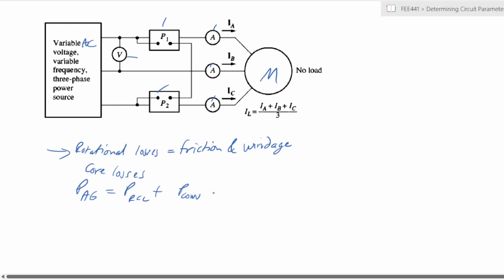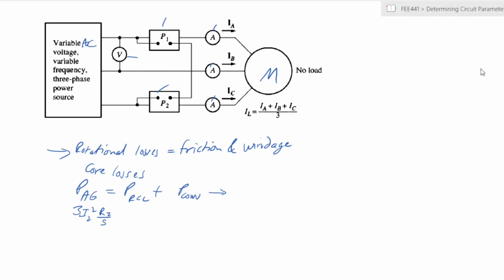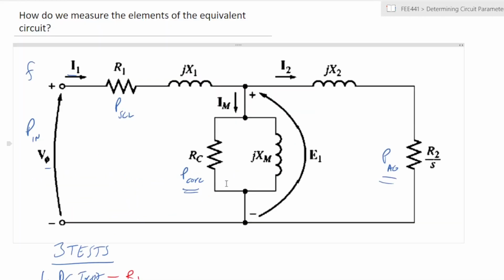If we represent these electrically, you can say that the air gap power is given by stator current squared times R2 over S. It is represented, as we had seen, by this element, R2 over S.